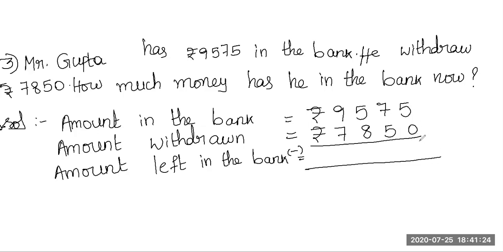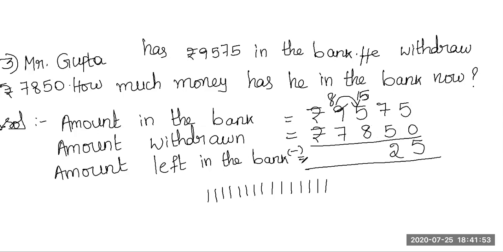Now 5 minus 0, yes, 5. 7 minus 5, open your 7 fingers and close 5. 2. Now 5 minus 8, not possible. So we'll go for borrow. This is 15 and this will come before the number. So draw 15 lines: 1, 2, 3, up to 15.